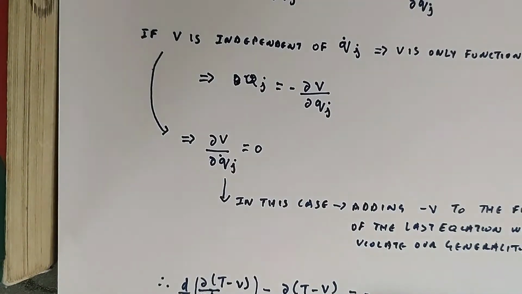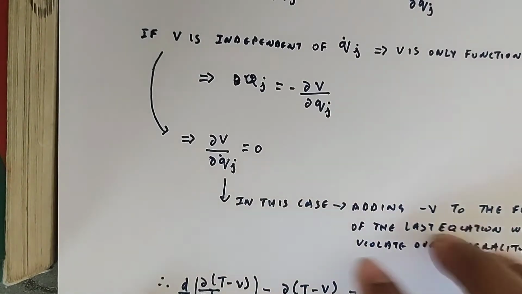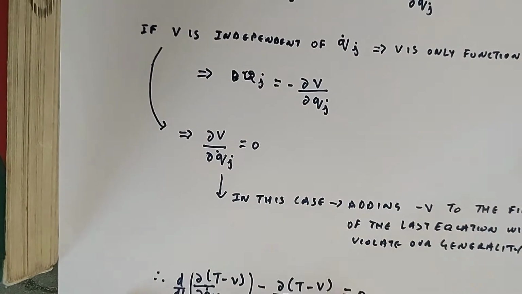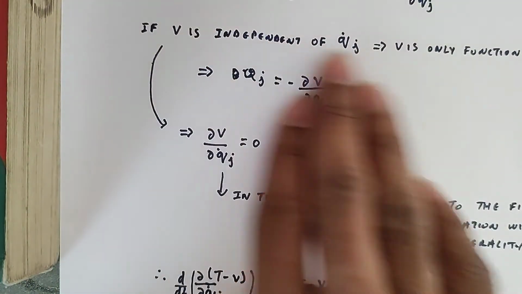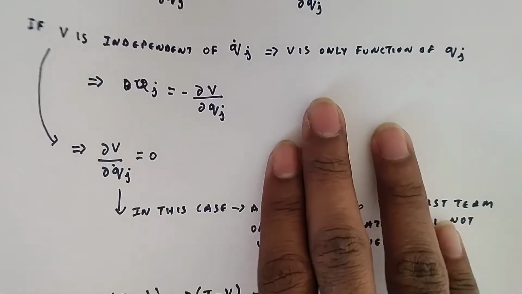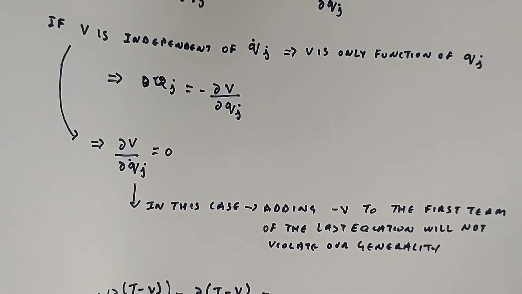If you remember classical central force motion, for a conservative system our force or potential only depends on the coordinate r, a distance from the source. Here in our classical mechanics it depends only on the generalized coordinates. So that means my V is independent of Q dot j. That is, V is only a function of Qj.